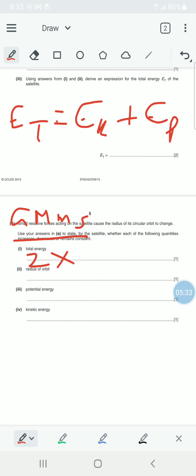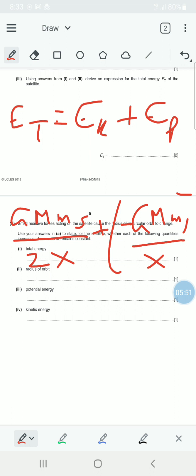Then to that we have to add negative G M m_s divided by x, because for potential energy we got a negative answer. So we have to simplify this.